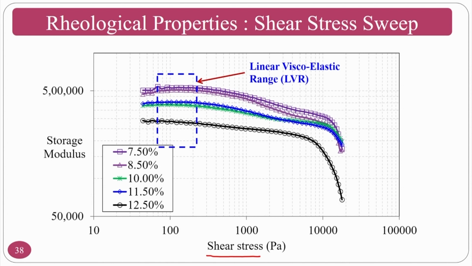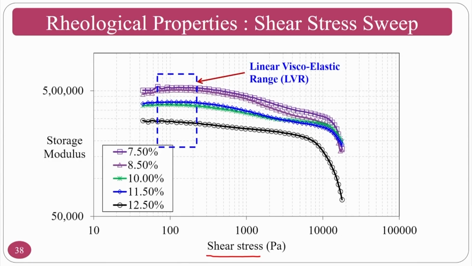I mean to say the polymer rheological medium is kept between the plates, the static plate and the rotating plate, and you are observing the storage modulus. Now, you are seeing there is no change in this region. Later on, gradually there is a change.